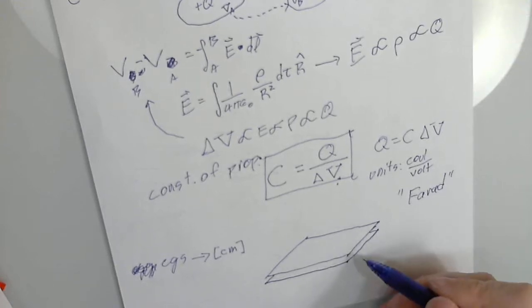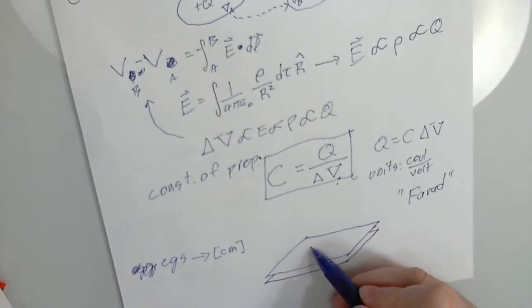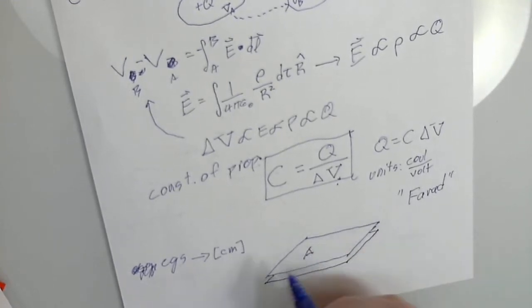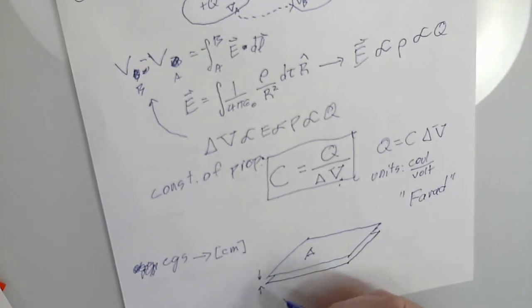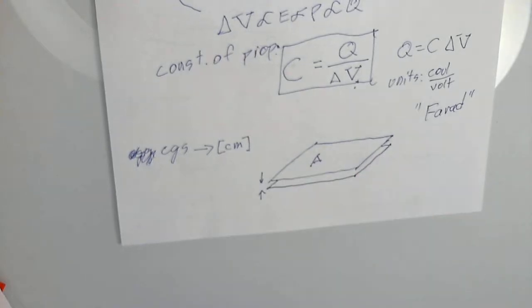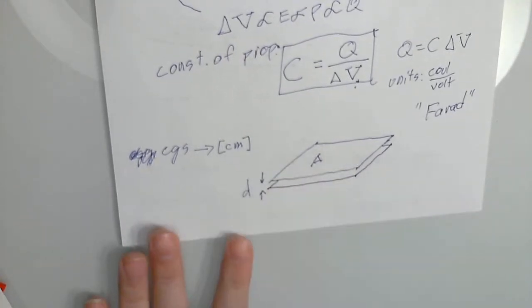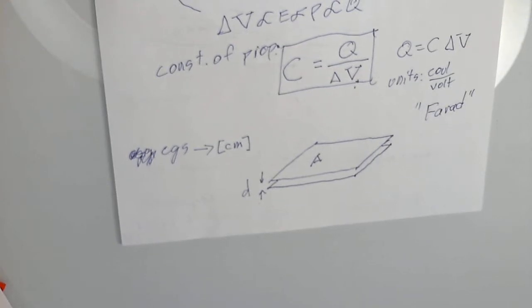Let's suppose that both of these sheets have a surface area A and are separated by a distance D, and suppose we want to work out the capacitance of this system.